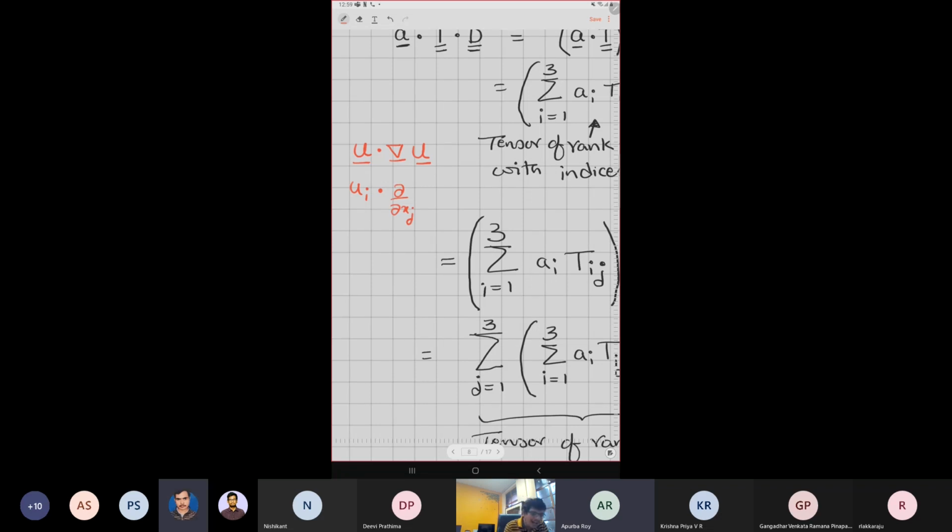It has to be UK. Whenever a vector is there, you have UK. Now, one of the indices you would like to convert because of the dot. That means it becomes ui del uk by del xi, or you can have uj del uk by del xj.